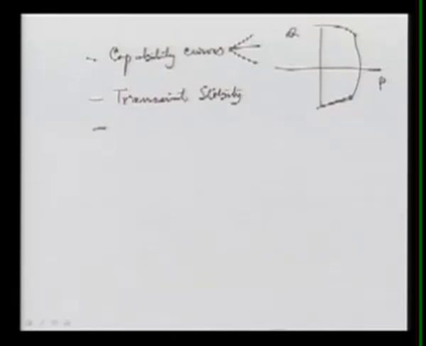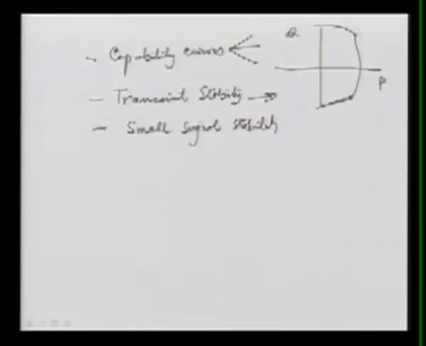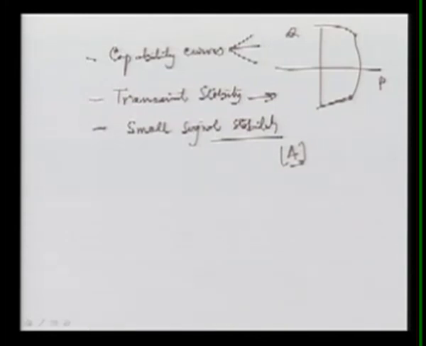Then I explained small signal stability. In this stability, a sudden but small disturbance takes place. In transient stability we analyze with nonlinear differential equations, but in small signal stability we linearize the system around the operating point, then we solve, go for the state transition matrix, and analyze the behavior of the system.